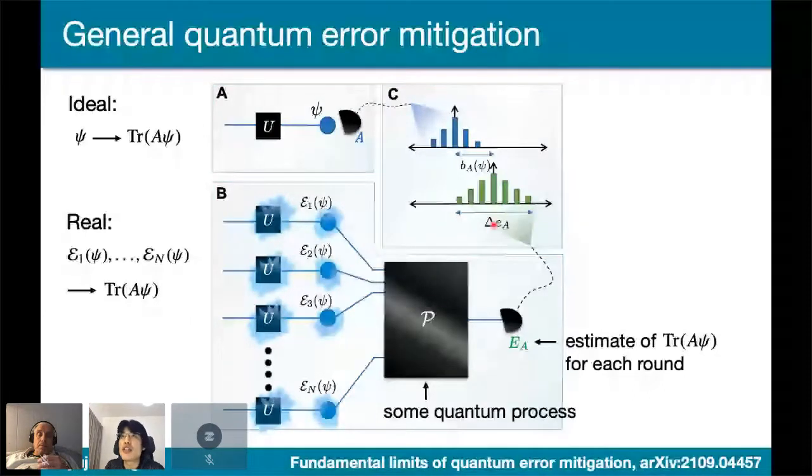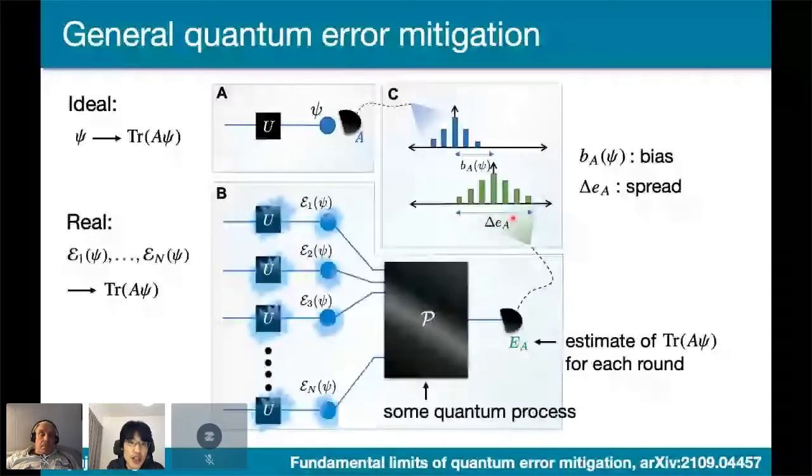To see the figures of merit, we have a couple of things that we can look at. The first one is called bias. Bias is the difference between the true expectation value and the expected value of this random variable that is coming from this noisy process. This comes from estimation theory, which also uses the word bias.